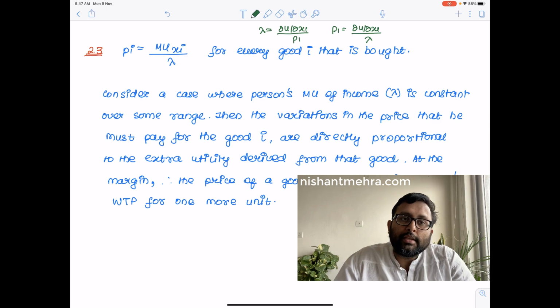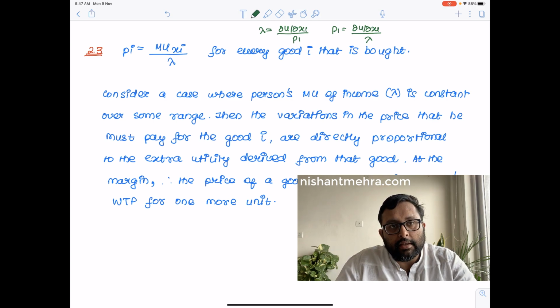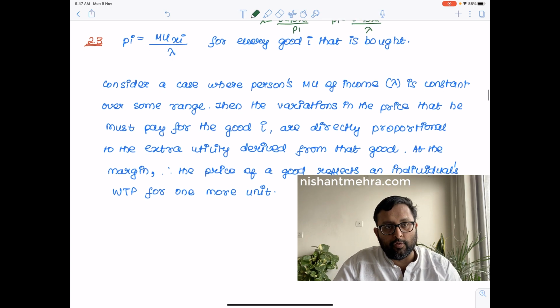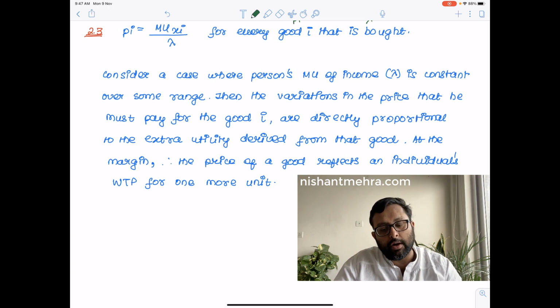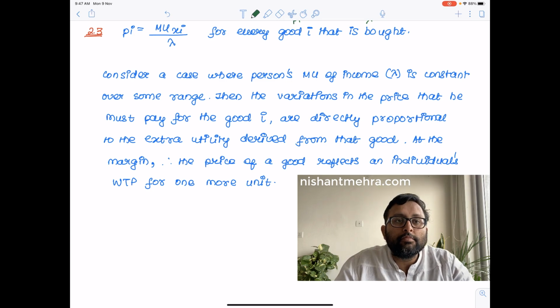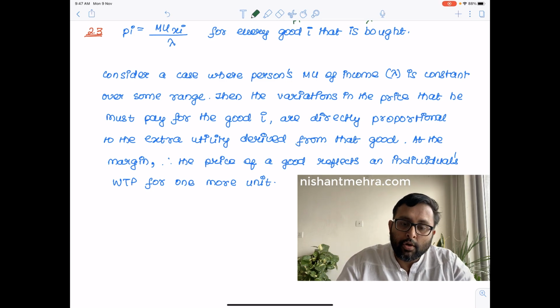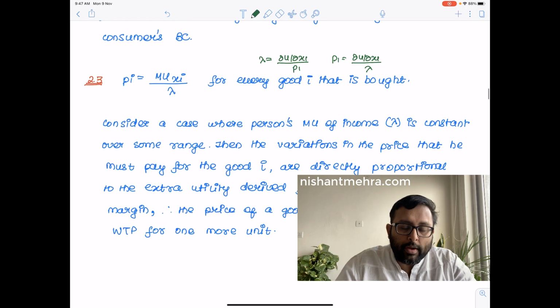So we are going to assume that this lambda is constant. We're going to assume that this lambda is constant. So whatever changes in the price come, that is going to affect the marginal utility or vice versa here. The variations in the price that he must pay for good i come actually from the marginal utility only, because here P1 equals mu1 upon lambda.